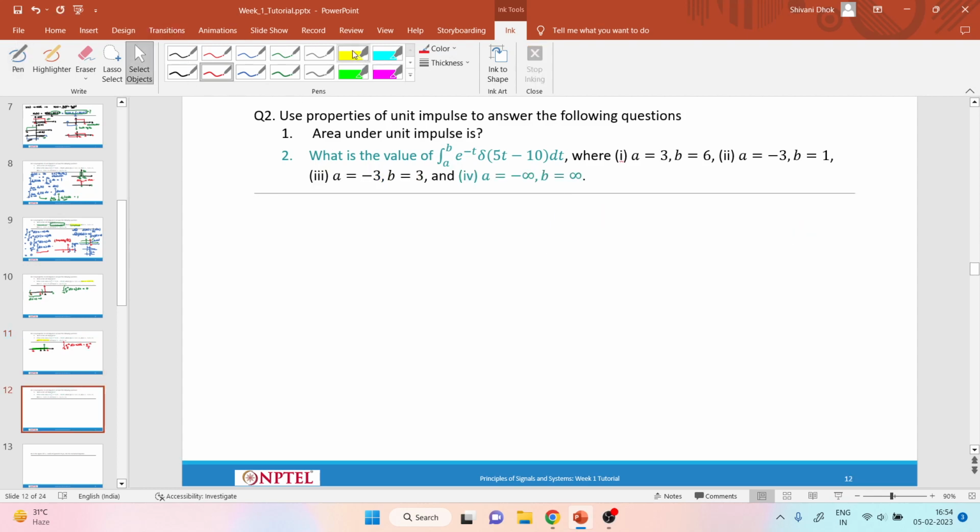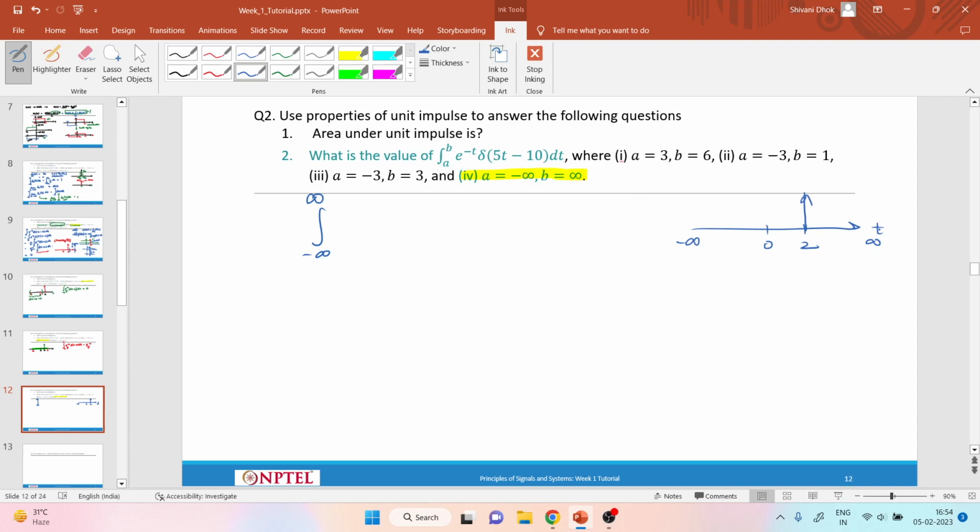And this is a trivial case where my t is varying from minus infinity to infinity. So we can simply write it as integral from minus infinity to infinity. And since we are having the entire t range, that will also be 1. So when I am having minus infinity to infinity, I have no issue of locating where my impulse is present because I am considering the entire range.